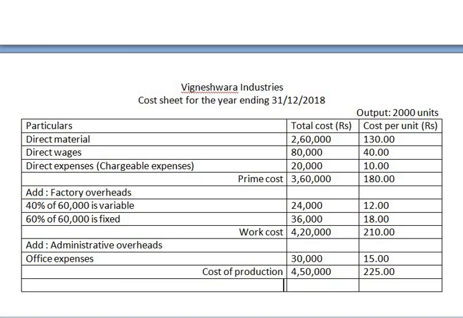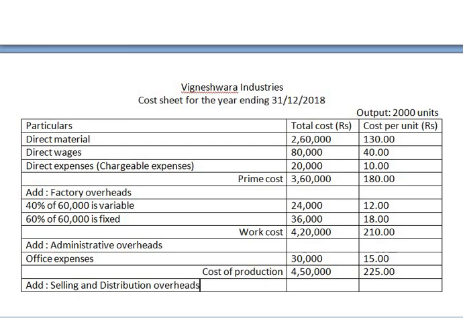Okay. Next is add selling and distribution overheads.